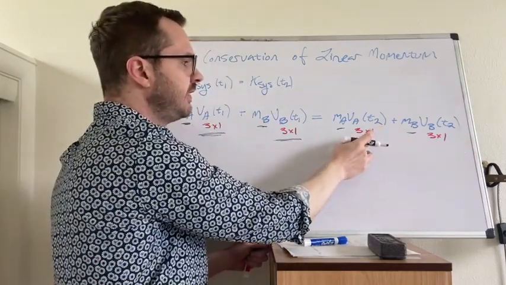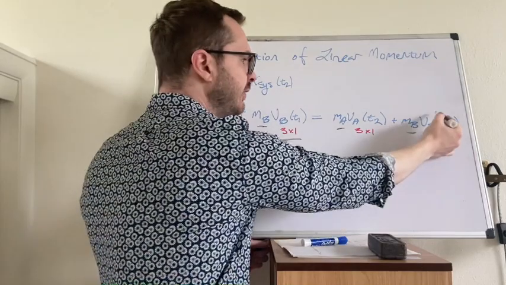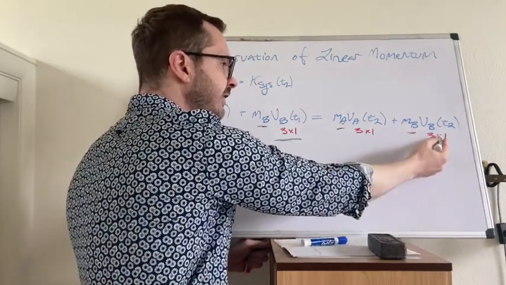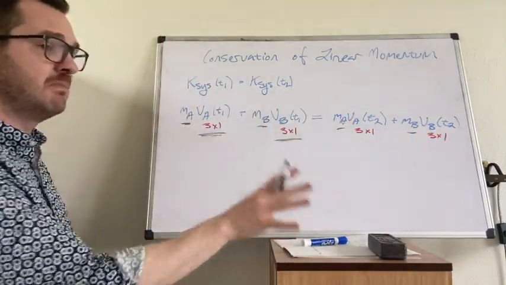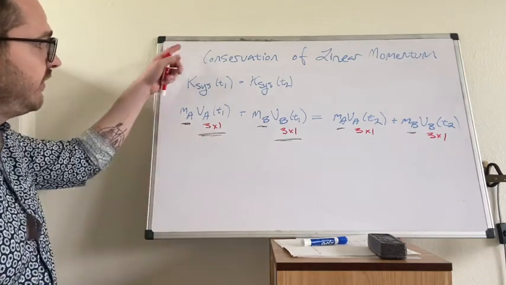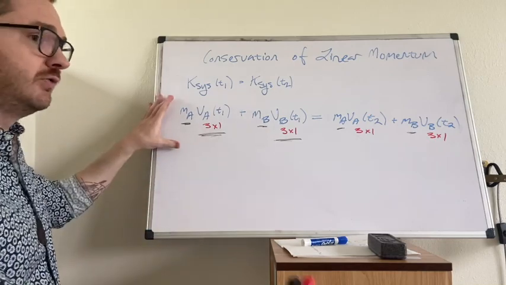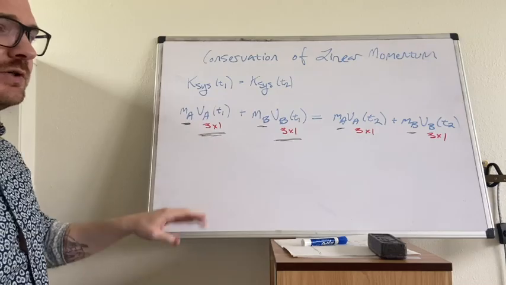No. Consider that if I don't know v_A, that's 3 unknowns. If I don't know v_B, that's 3 unknowns. So if I don't know v_A and v_B at time 2, there are 6 unknowns, and at most I only have 3 equations. So in order to actually use only conservation of linear momentum, it requires that you have a whole bunch of information about the system.